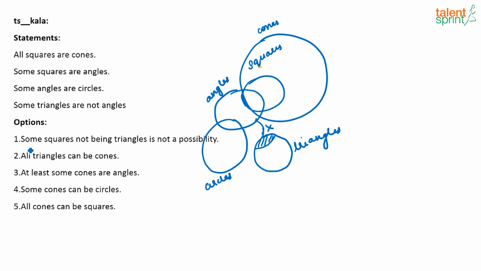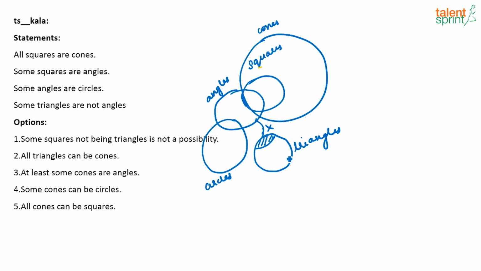The first option says some squares not being triangles is not possible at all. So this can never happen, that's what they are saying. But some squares are not triangles can happen, correct?